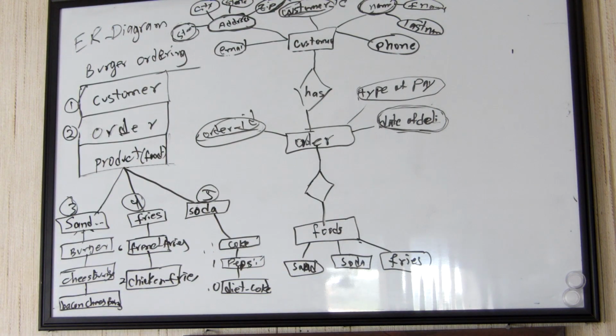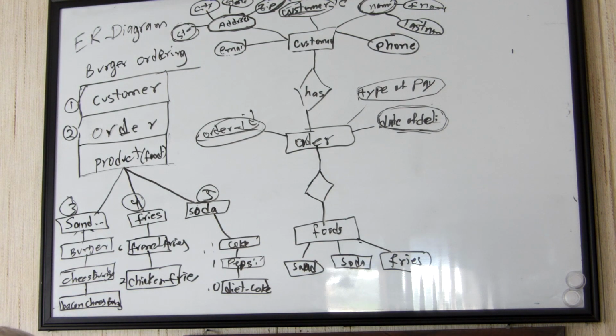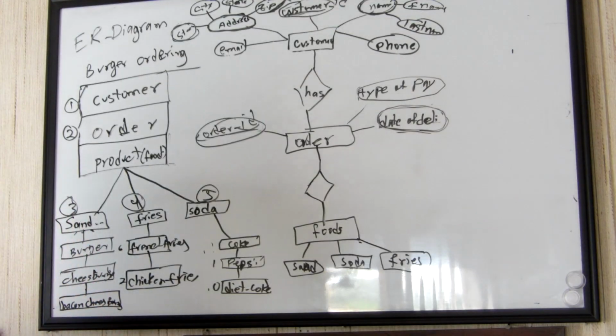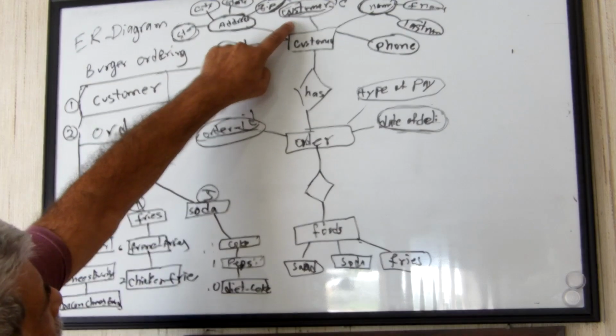We said in every entity there's one of the columns that identifies the rows as a primary key. I say customer ID here.